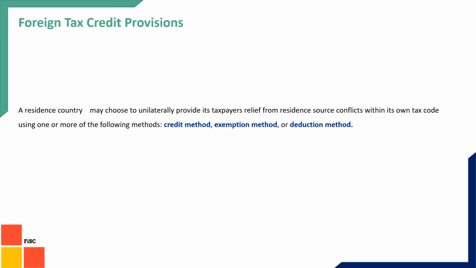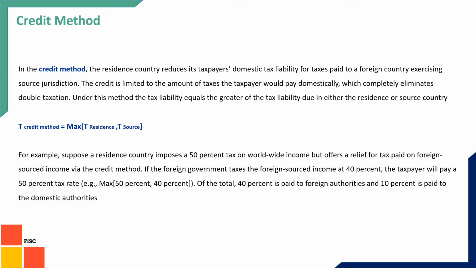Three of the methods used to reduce the taxes on double taxation are the credit method, exemption method, and deduction method. Credit method means that you have to pay only the maximum amount of tax applicable to you, whether it is in residence or source. So the total tax is based on whichever is maximum in residence and source.